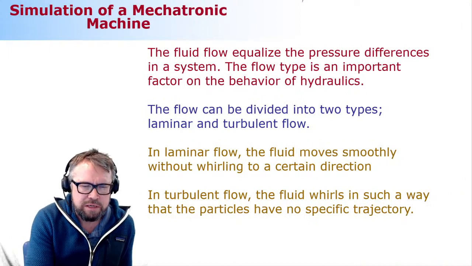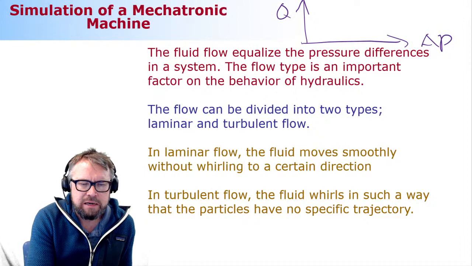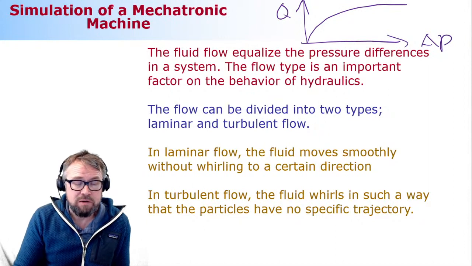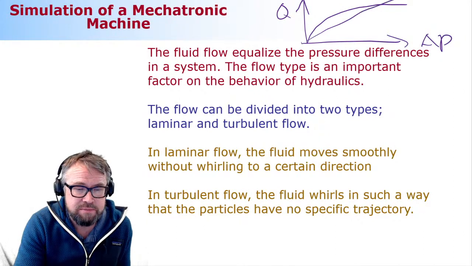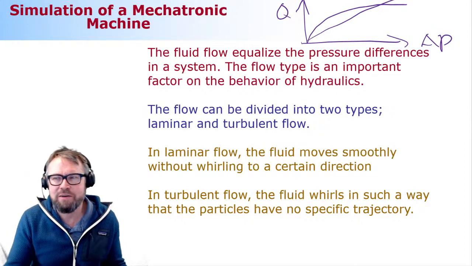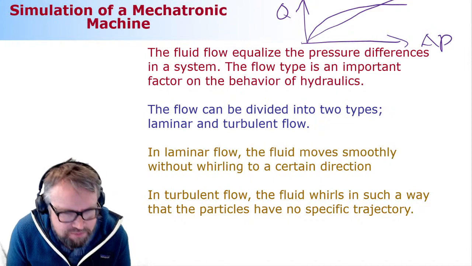Let me show it here. If you have a curve with pressure difference and flow rate behaving like this, you can tell immediately that it is a turbulent flow. And if it is behaving like this, then it is a laminar flow. So that's the difference: linear or quadratic behavior.